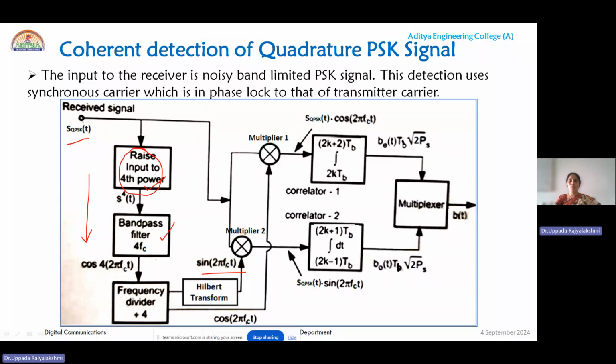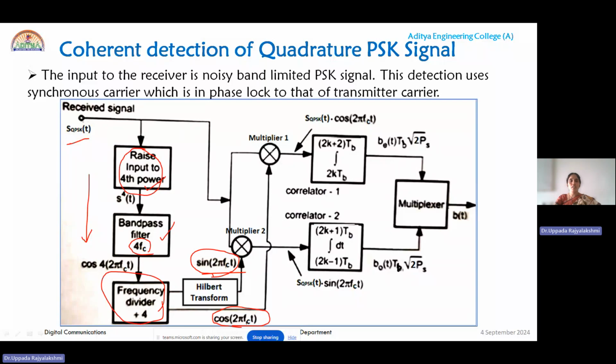And next it is applied to the band pass filter with a bandwidth of 4 FC. In BPSK, you have 2 FC. And instead of frequency divided by 2 in BPSK, in QPSK, you will have frequency divided by 4. So that you can get cos 2 pi FCT as the in-phase carrier. And once it is applied to the Hilbert transform, you will get the Q-phase carrier, that is quadrature carrier, sin 2 pi FCT.